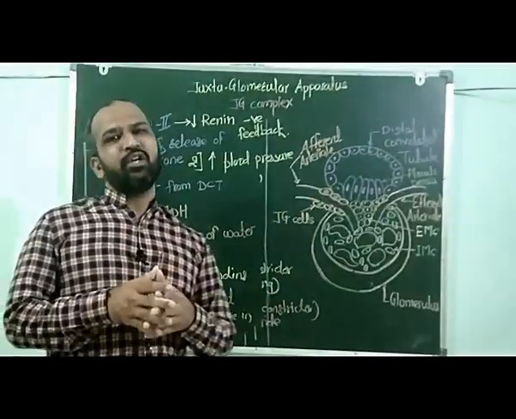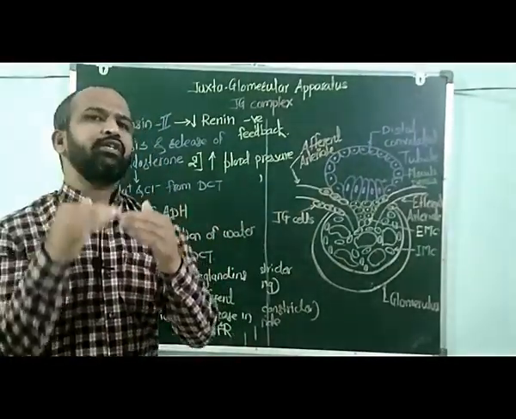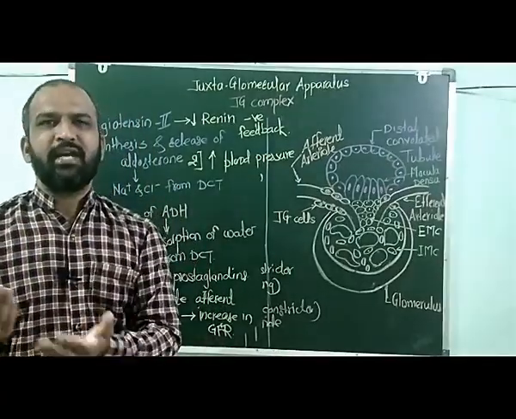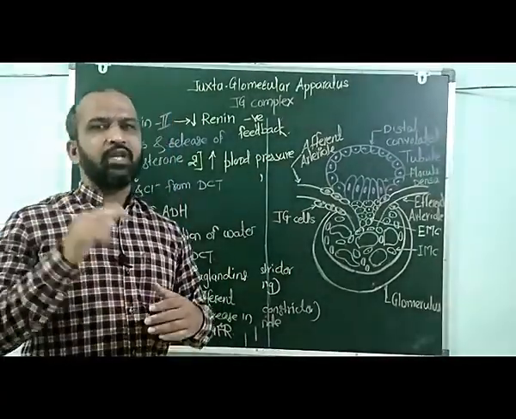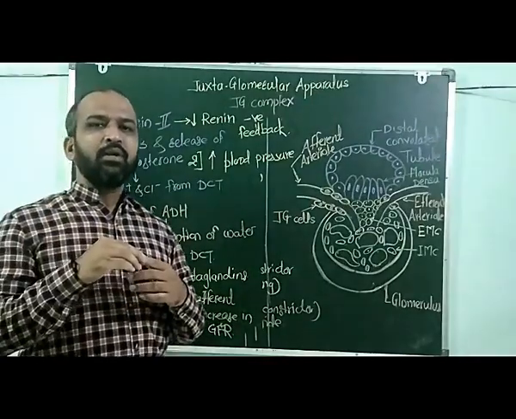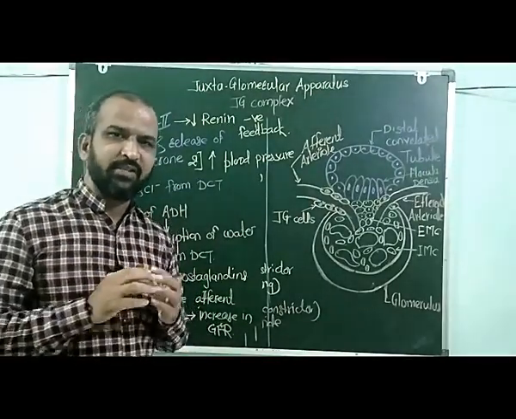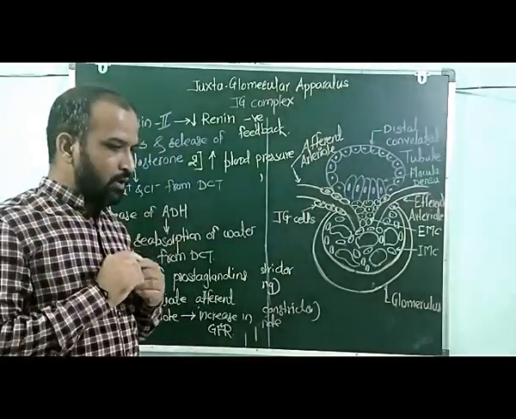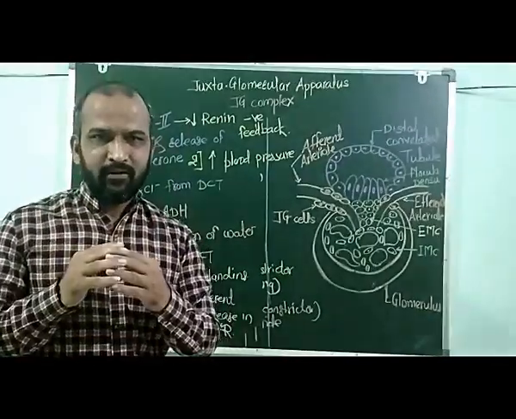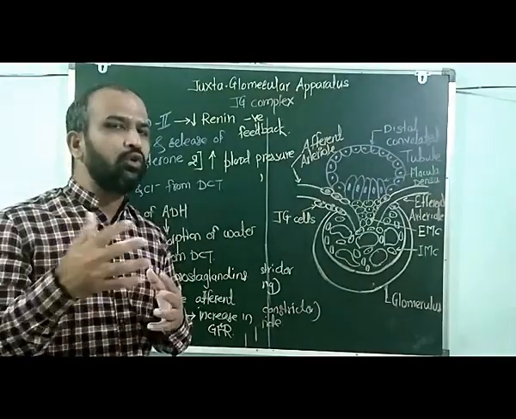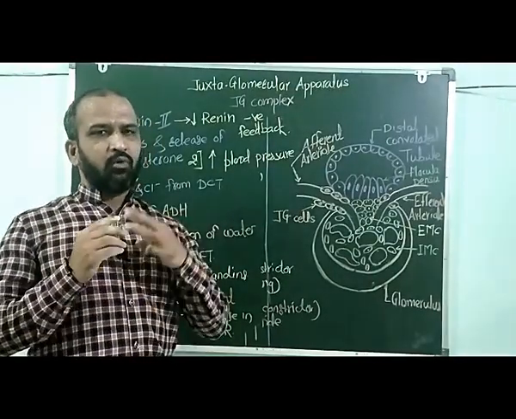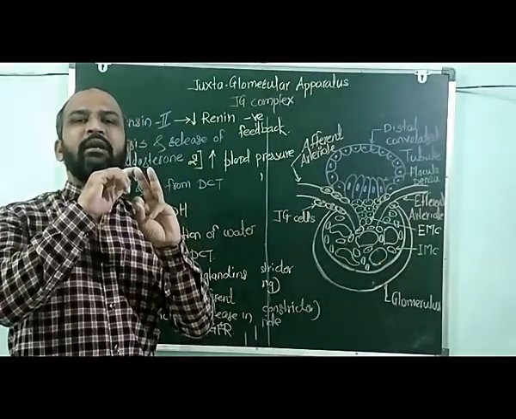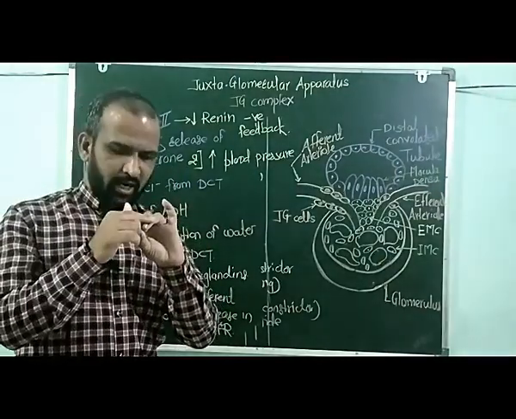Once this renin is released, it converts the angiotensinogen into angiotensin first, and angiotensin first, which is a decapeptide, is converted into angiotensin second, which is an octapeptide, by means of an enzyme called angiotensin converting enzyme. Once this angiotensin second is formed, which is a potent vasoconstrictor, it causes the release of 3 important substances, that is aldosterone, ADH, and the prostaglandins.